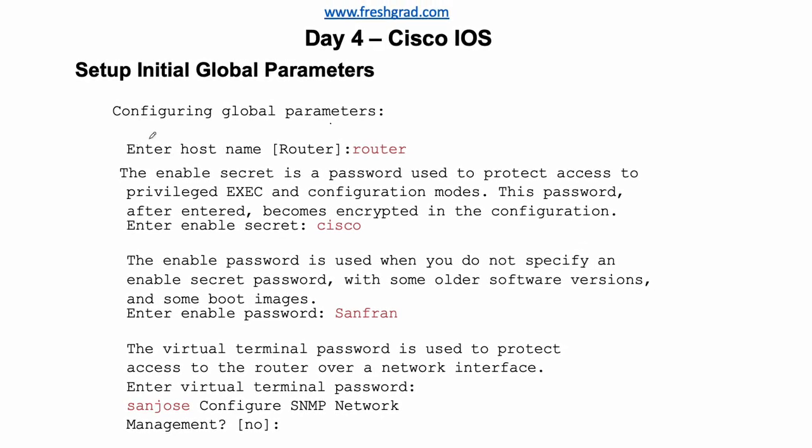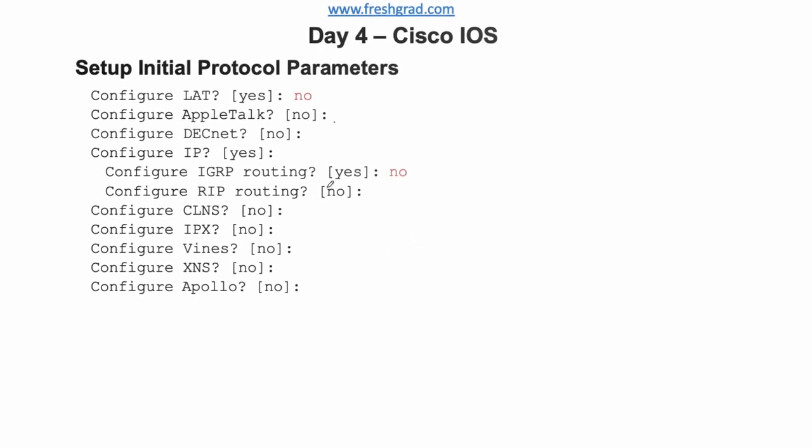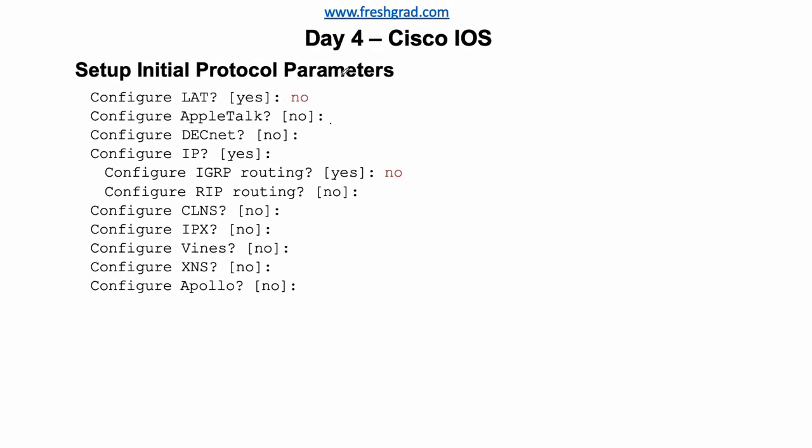And you can set up initial global parameters, like what our router name is. You can set up any Cisco router name, your own name, or any logical name, and configure management. These are the initial protocol parameters you can see.